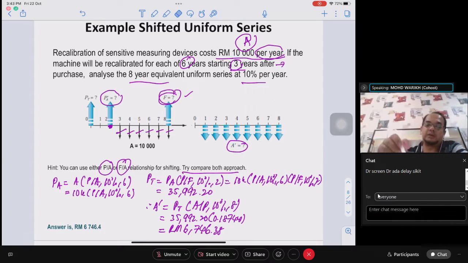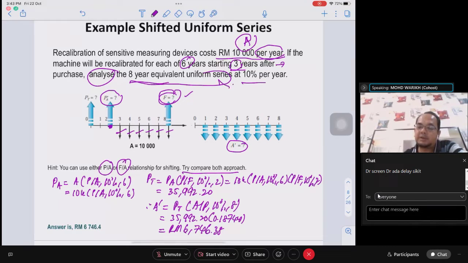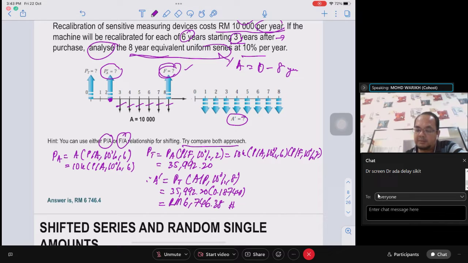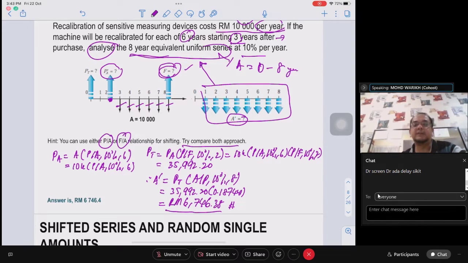Sorry, it asks about the 8-year uniform series. Analyze: it asks about the A from year 1 until year 8. Okay, this is the keyword here: analyze the 8-year equivalent uniform series.